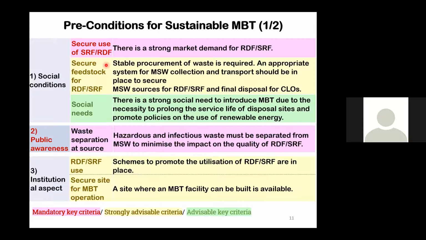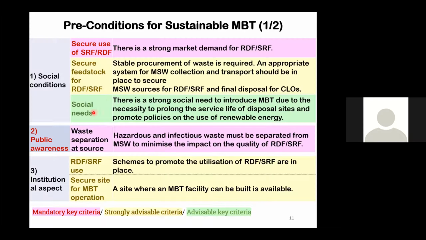It means securing stable waste collection in the society. And a strong social need to implement MBT is an advised key criterion.